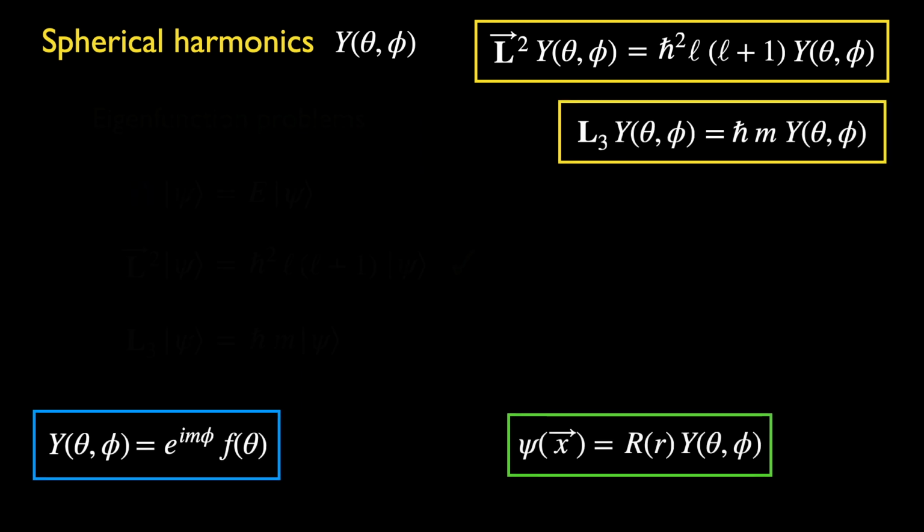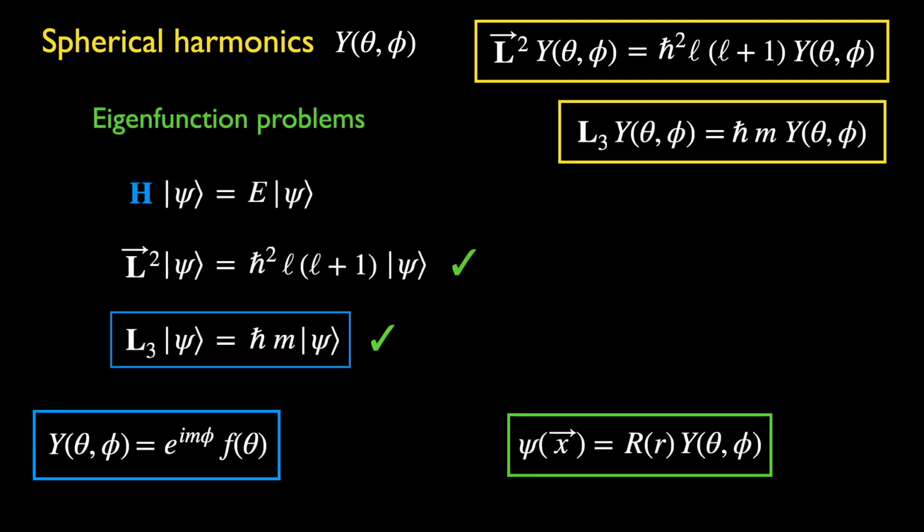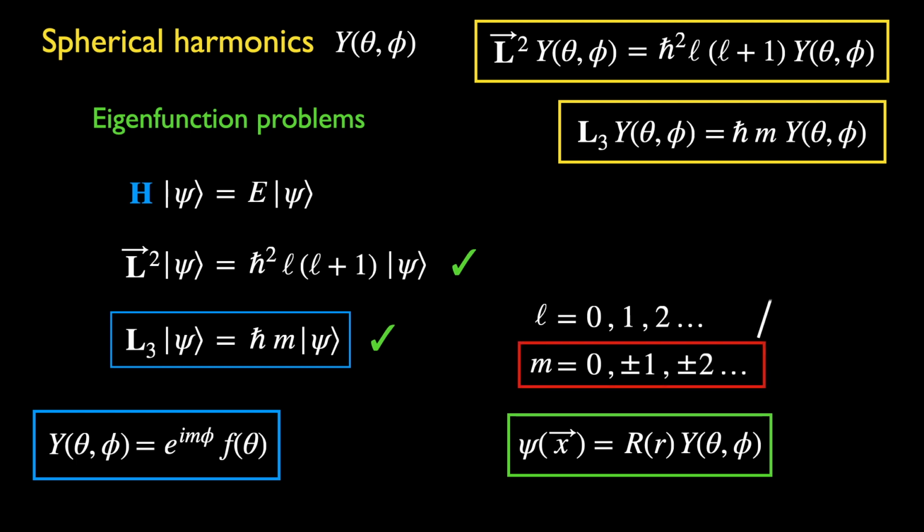Thus, we have just solved the eigenfunction equation for L3, although we shall soon find out that its eigenvalues need to be constrained further for a fixed value of L.